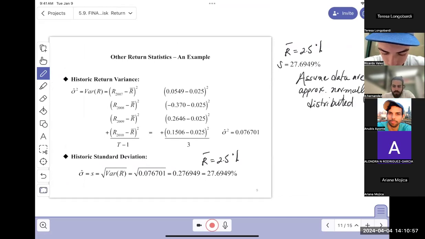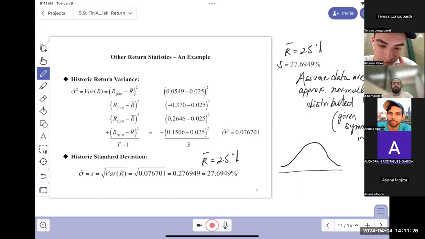I would have to then have seen symmetric data, at least symmetry in the data, and I should see a dispersion of the distribution such that most of the data will be around a center, which we end up calling mu.